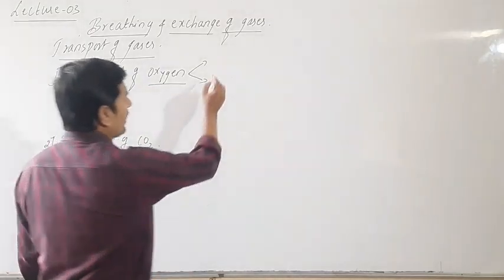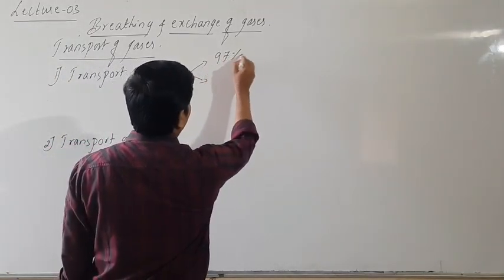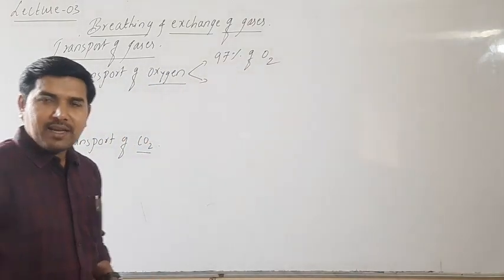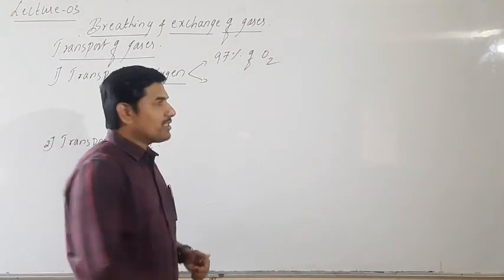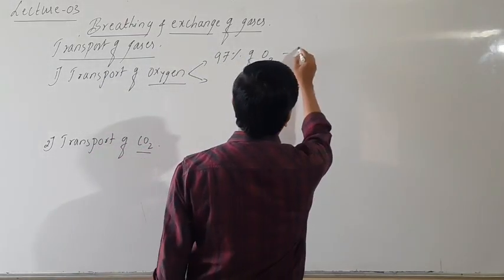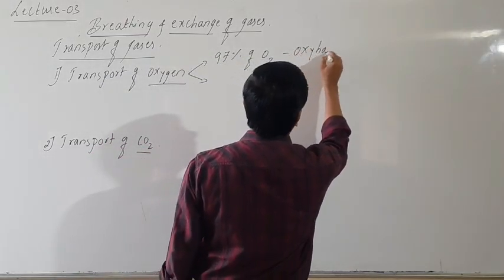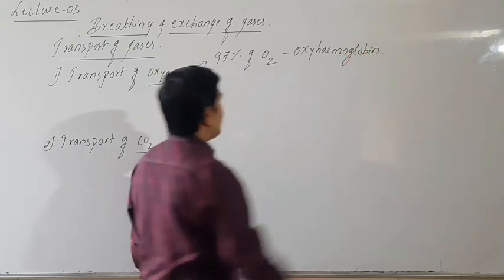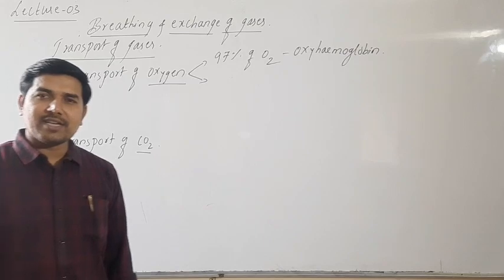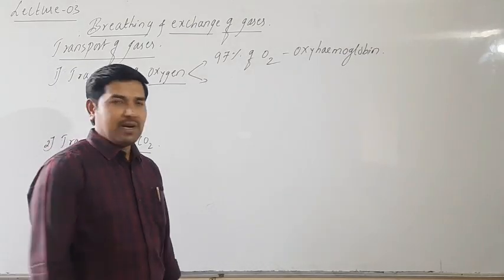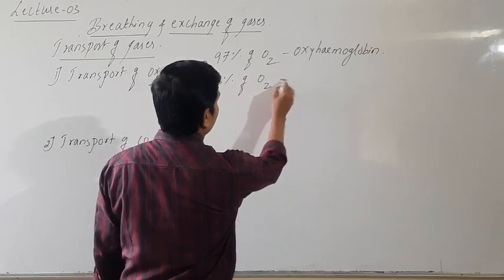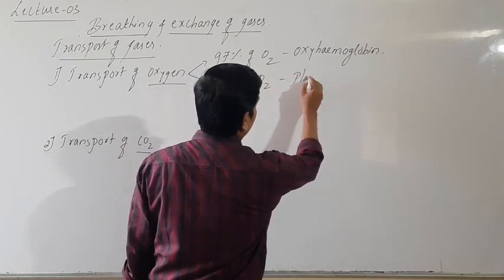One, 97% of O2 is transported by hemoglobin (Hb) in the form of oxyhemoglobin. 97% of oxygen is transported by the hemoglobin of the blood, and 3% of O2 is transported by blood plasma.